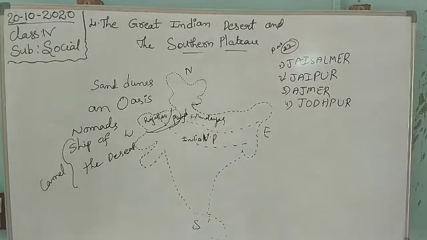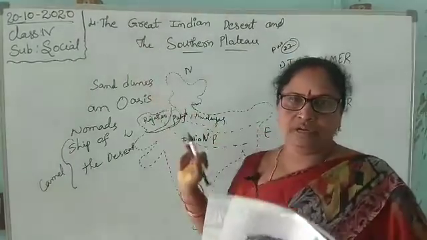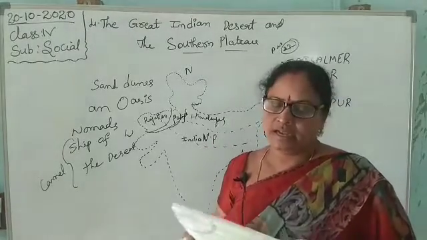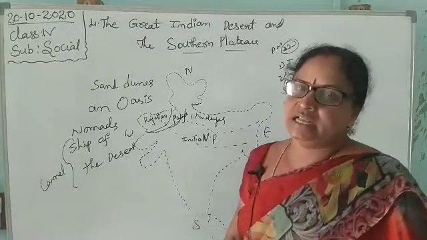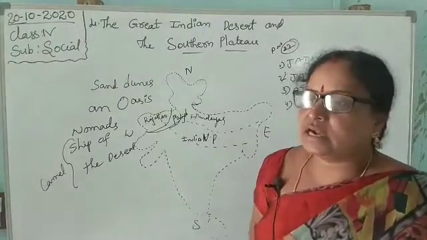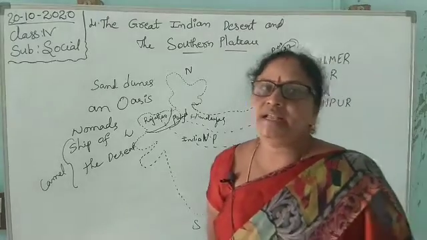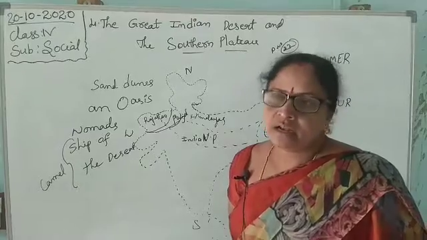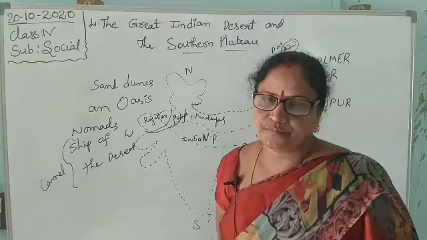Next, up to here we learned about the Great Indian Desert. Again I will repeat about the desert. What is a desert? A desert is a desolate area of sand with little or no rainfall as well as vegetation.